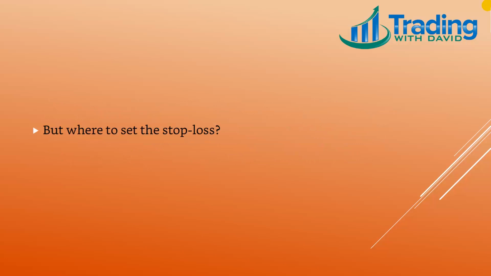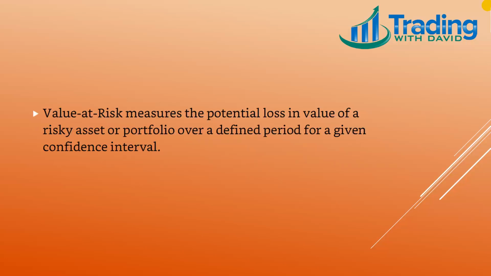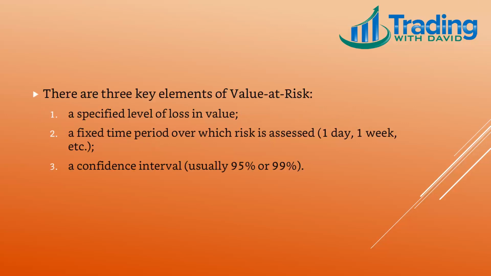But where to set the stop loss? You have to use the value at risk. Value at risk measures the potential loss in value of a risky asset or portfolio over a definite period for a given confidence interval. There are three key elements of a value at risk: a specified level of loss in value, a fixed time period over which risk is assessed, 1 day, 1 week, and so on, and a confidence interval, usually 95% or 99%.